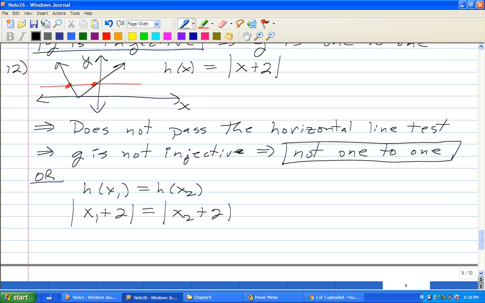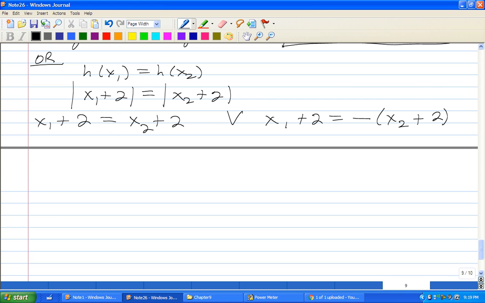And so that says that x1 plus 2 is equal to x2 plus 2, or x1 plus 2 is equal to negative x2 plus 2. Okay, so let's try to solve this.